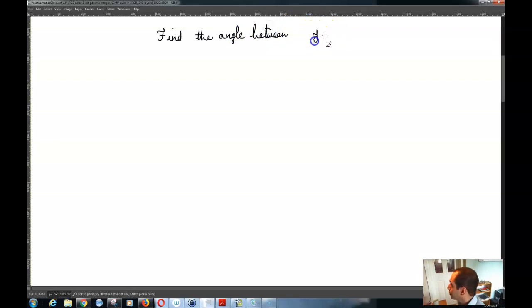So you want to find the angle between the lines y minus square root of 3 times x minus 5 is equal to 0, and square root of 3 times y minus x plus 6 is equal to 0.